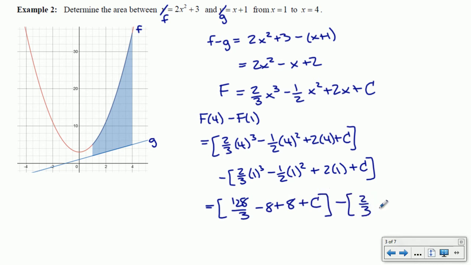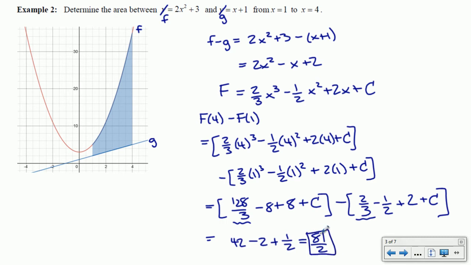Subtract 2/3 minus 1/2 plus 2 plus c. And this would add to give 42. And the rest we would have minus 2 plus 1/2, which would eventually give us 81 over 2 units squared.